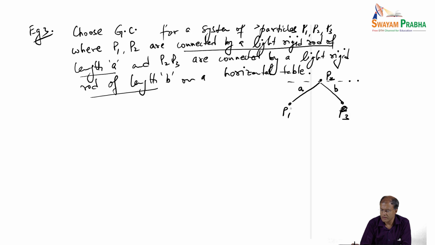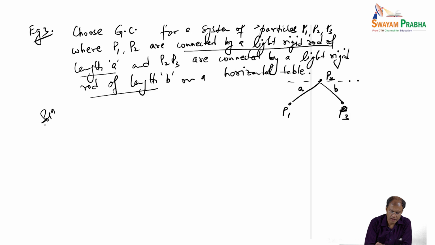Now, the point is that the distances between these three point particles are fixed. So the only movement can come from the various angles of rotation of these connections. So we could have a combination of two angles serving as the generalized coordinates.